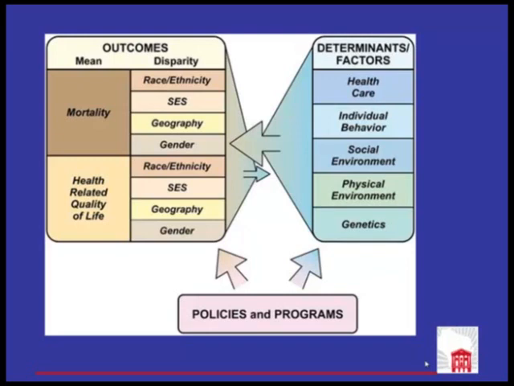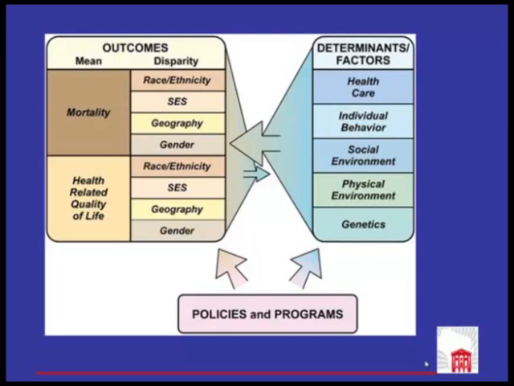Now, how can these models be used, and how have they been used effectively over the recent period? I'd say the first thing is that the models have been used to really increase our understanding about particularly the multiple determinants of health.